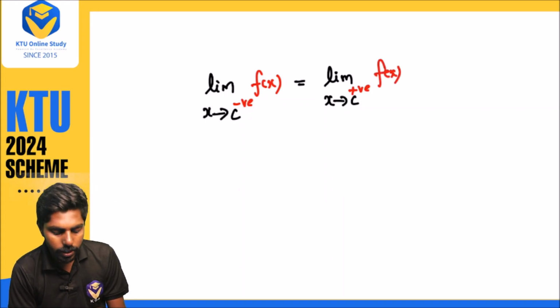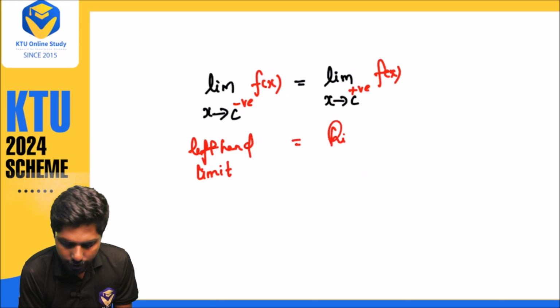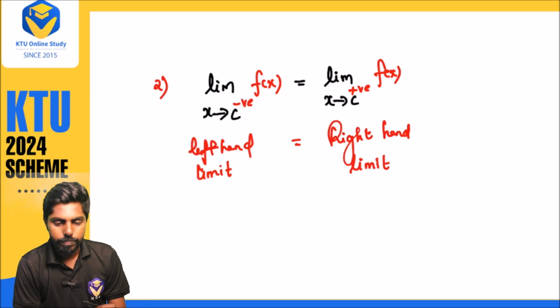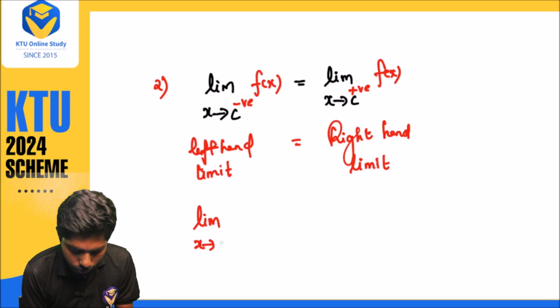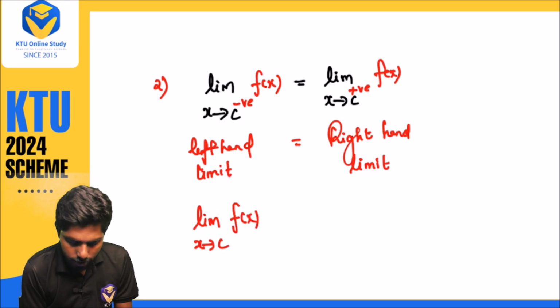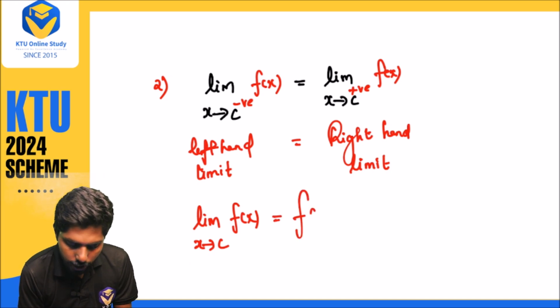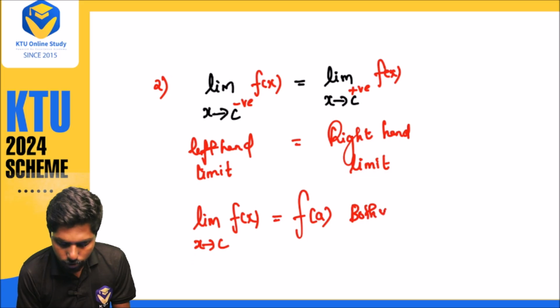This is our second condition, that is, the left hand limit is equal to the right hand limit. What is the third condition? That is the limit as x approaches c of f of x, which should be equal to f of a. Both values should be equal.